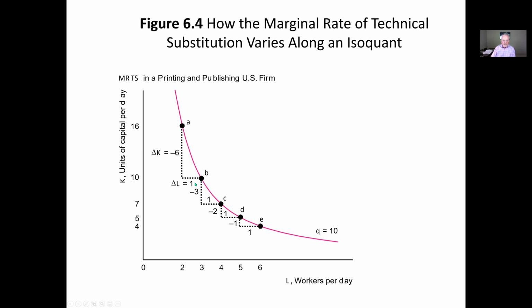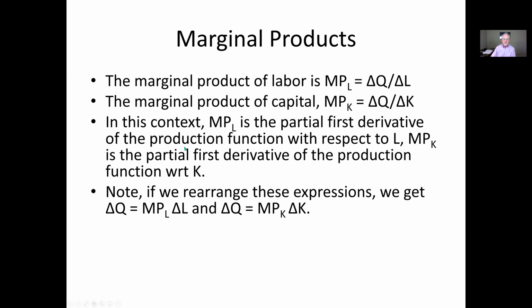But as labor gets less capital and we get more labor, then the marginal product of labor is going to fall. The marginal product of capital is going to rise. So now a unit of labor can only replace 3 units of capital, and so on, 2 units of capital, 1. So let's think about this.